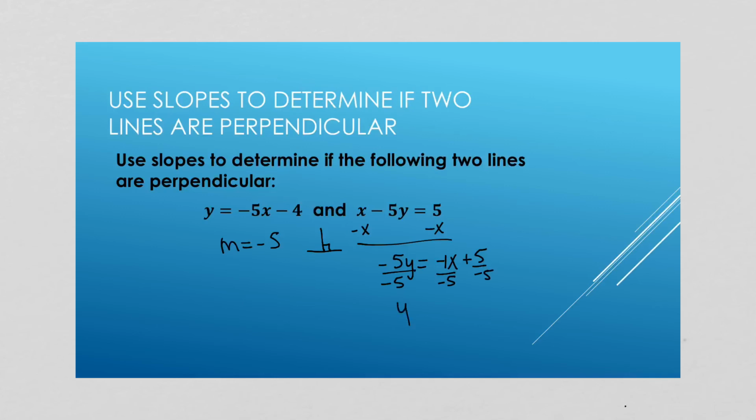And so I end up with y is equal to a negative divided by a negative is a positive. So I end up with 1/5 x minus 1. All right, so the slope of this line is 1/5. So m equals -5 is perpendicular to m equals 1/5. Yes, these lines are perpendicular.